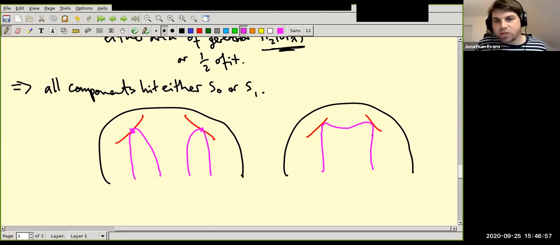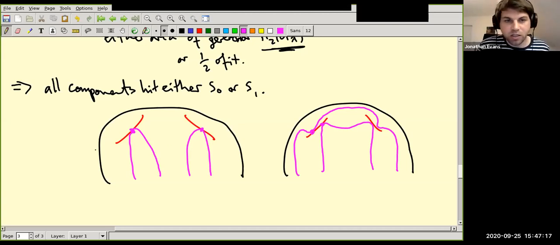But then you'd have to have 2 disks, so you'd have to have another disk that does the same thing. And now the intersection number of this with, let's say, S0 is 2, but the original curve you started with has intersection number 1, so this would be a contradiction. So this is the only thing that happens.